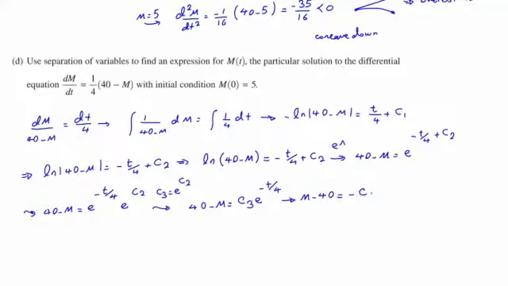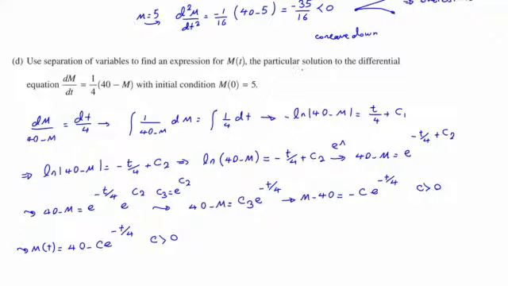Negative c e to the negative t over 4, and we know c is positive. So if you add 40, m equals 40 minus c e to the negative t over 4, and we know that c is positive. Because the problem says calculate m of t, we can say m of t equals this.